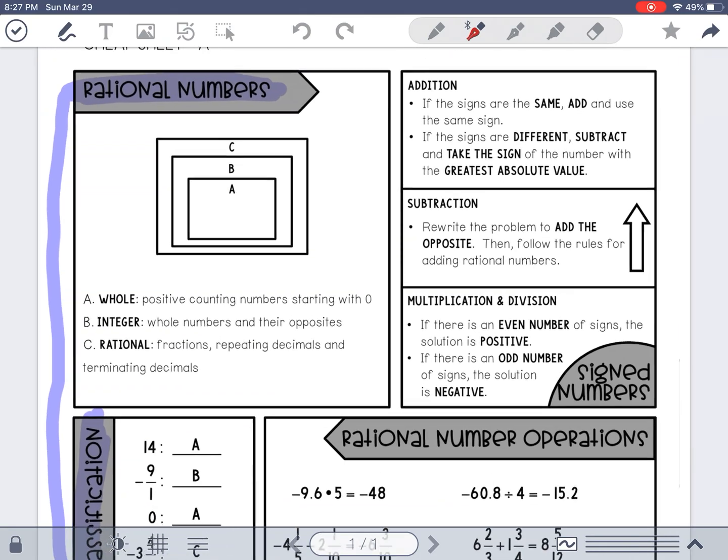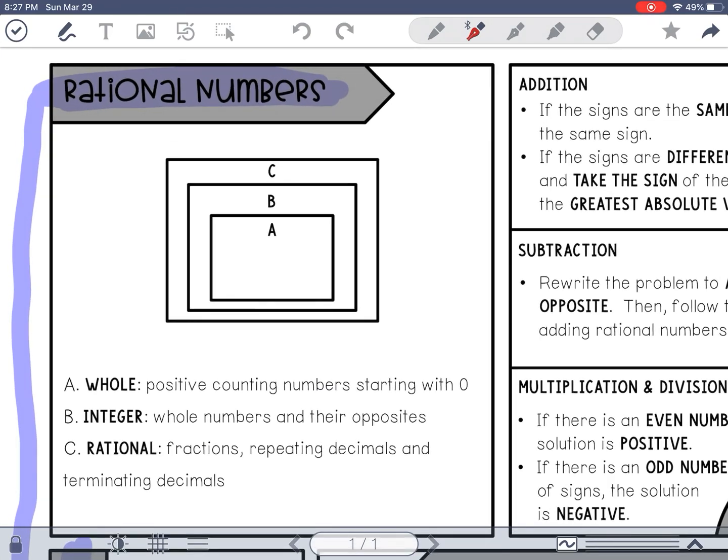I want you to notice there's one thing missing with rational numbers. What's missing here? Nobody? Okay, I see a few hands finally. Thank you. There is actually a smaller subset inside of the whole numbers, but they're not talking about it here. So right now we're not going to answer any of these problems missing that other subset.